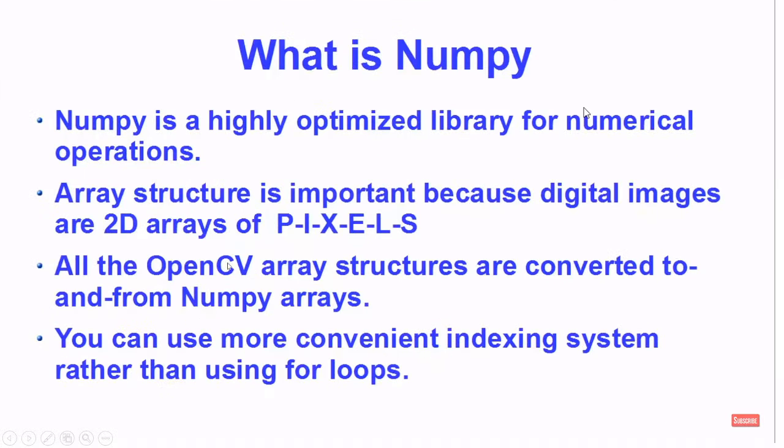By using OpenCV array structures, we are going to use NumPy for our numerical work, because as soon as we convert our image into the form of a matrix or numbers, and matrices are nothing but two-dimensional numbers, NumPy comes into the picture, and whatever pre-processing is done is done by NumPy. Now understand the strategy of OpenCV, or we can say the working of OpenCV.